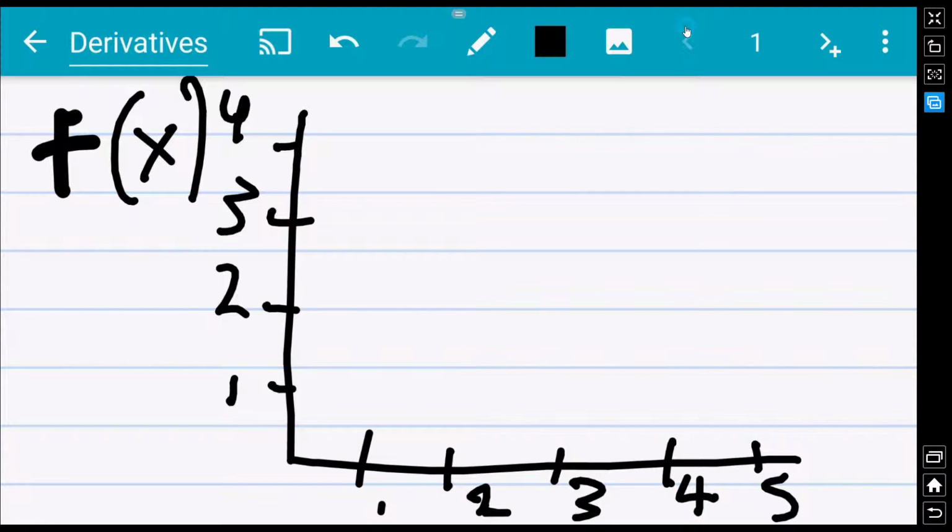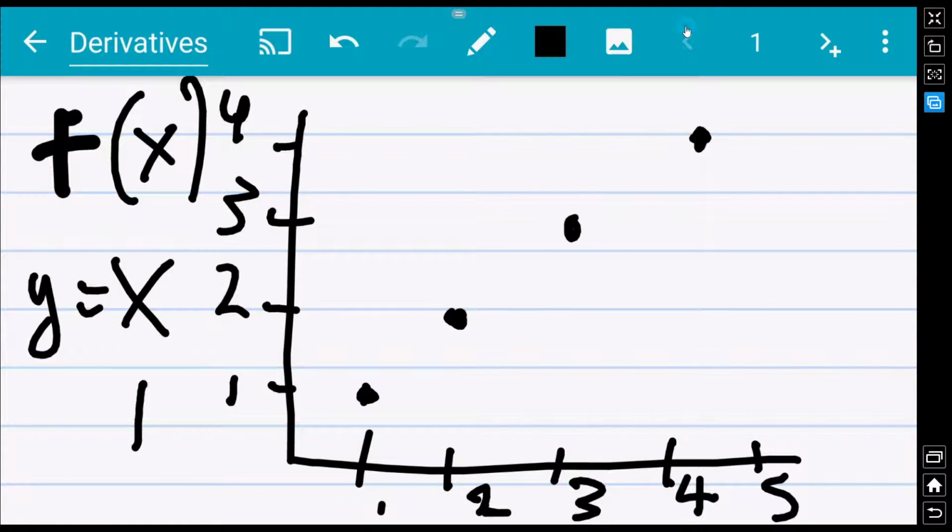So f of x, let's say y equals x. This is a function. So this is a point, this is another point, this is another point, this is another point. When you sub in an x, you get the y value. The y value is in this axis, and the x value is this axis.